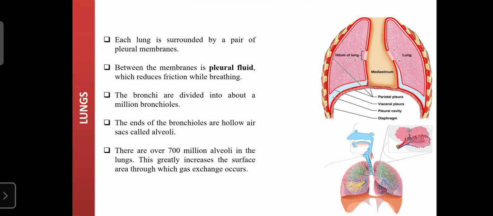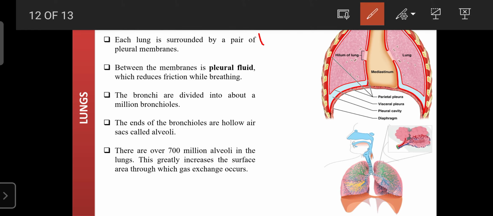So next, regarding the further features of the lungs, each lung is surrounded by a pair of pleural membranes, the parietal pleura or parietal membrane, as well as the visceral membrane.